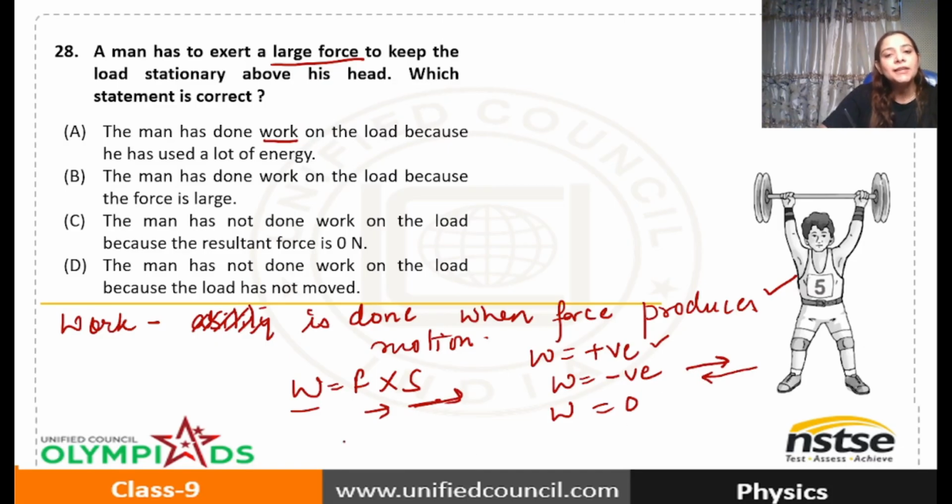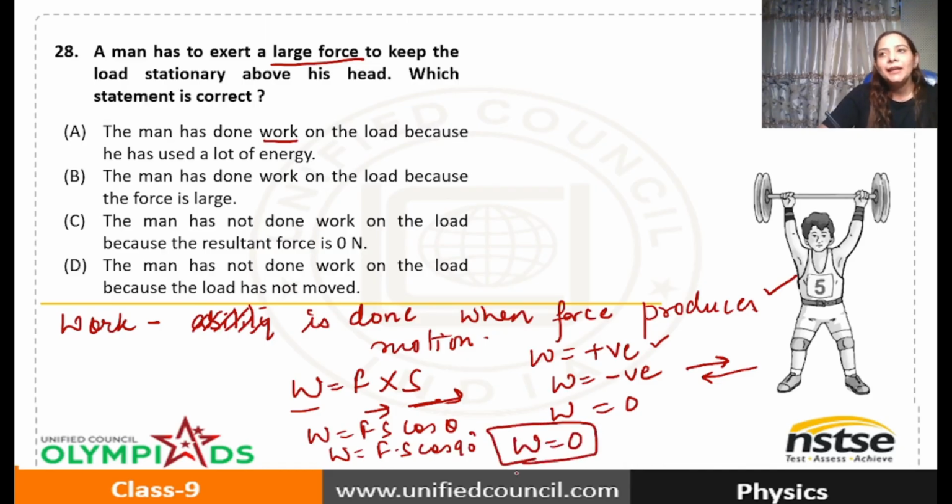And zero work is done when, because the expression can be written as F S cos theta also, the angle the body's motion makes with the direction of the force applied is 90 degrees. So here in this case cos 90 is 0. So work done is said to be 0.